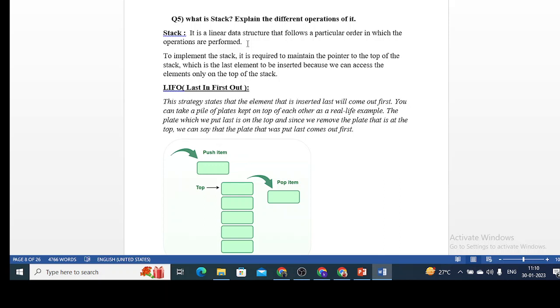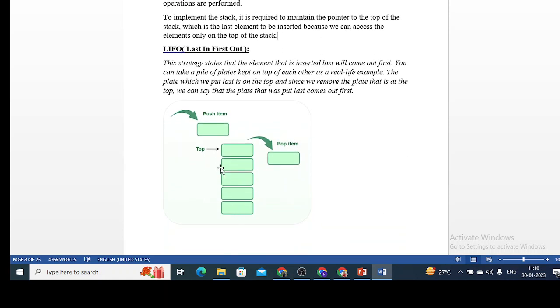Stack is again a linear data structure, meaning it is going to be stored sequentially, correct? To implement the stack, it is required to maintain the pointer to the top of the stack, which is the last element inserted, because we can access the element only on the top of the stack. For example, in this stack we have to insert and pop the element from the top only.